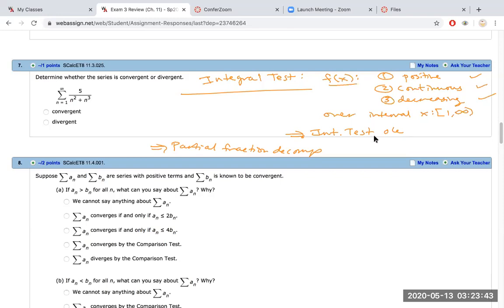And then what you should get for the actual integral itself is -5 ln 2 plus 5, which is a real number. Okay, so we're actually going to have convergence for number 7 as well. So state your conclusion. Since the integral is convergent, our series is convergent.